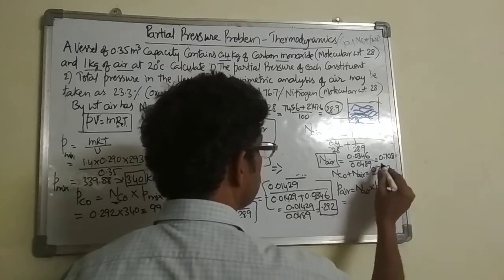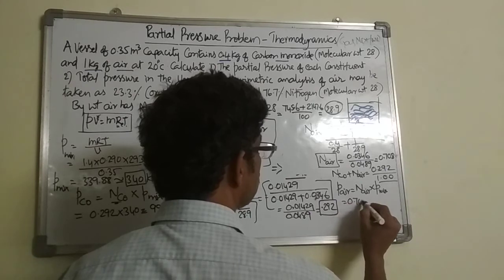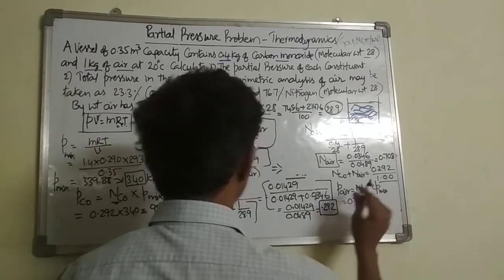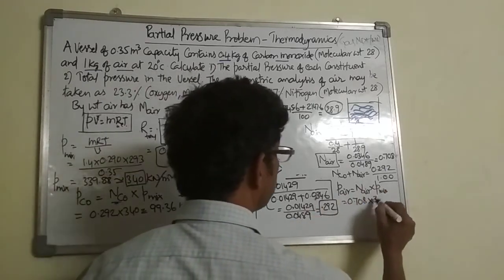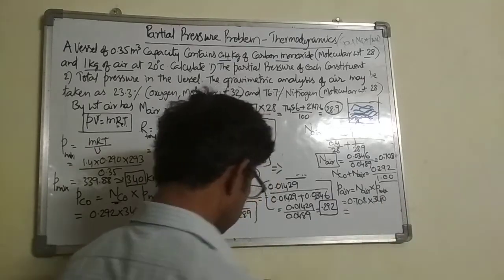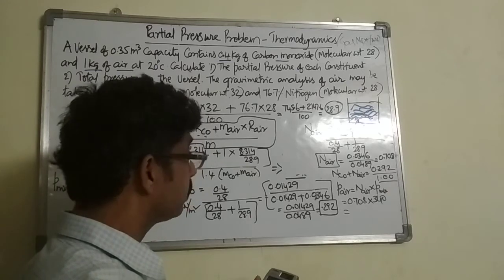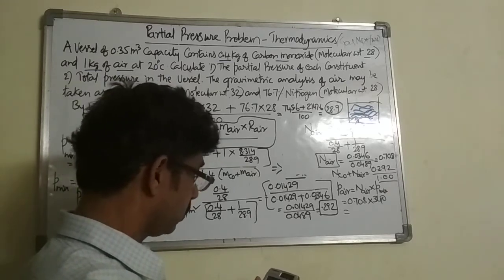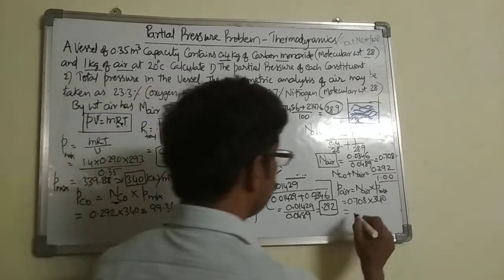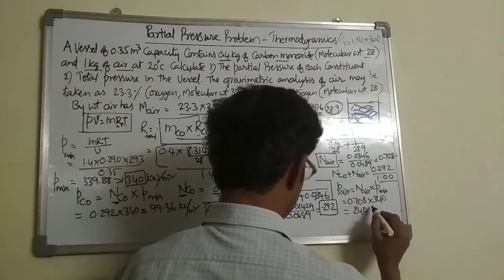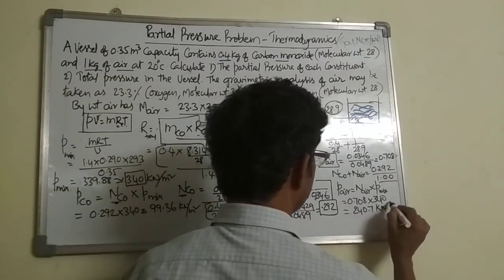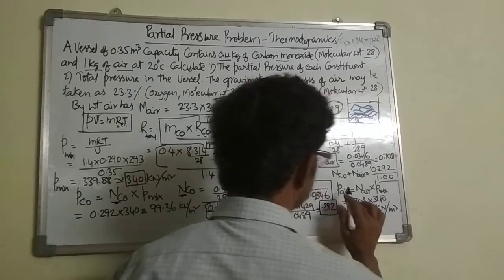What is the mole fraction? 0.708 into pressure of the mixture, we already have 340. So in this case it is 0.708 into 340. So that is about 240.7 kilonewtons per meter square. So this is the partial pressure of air.